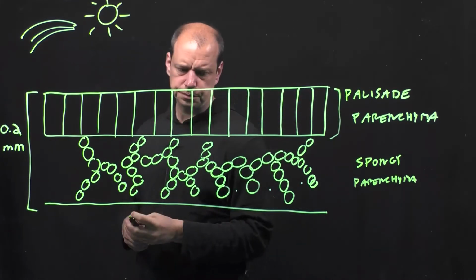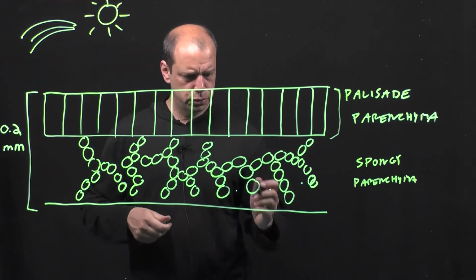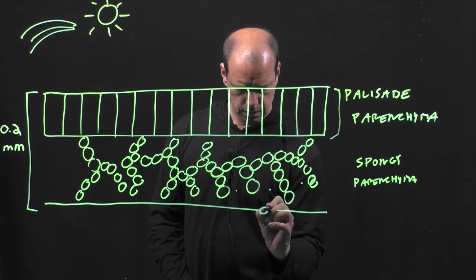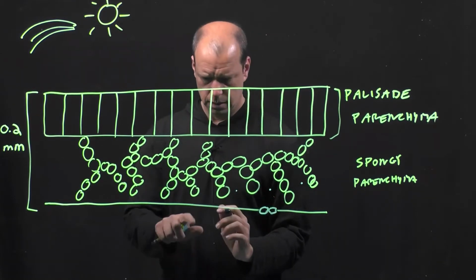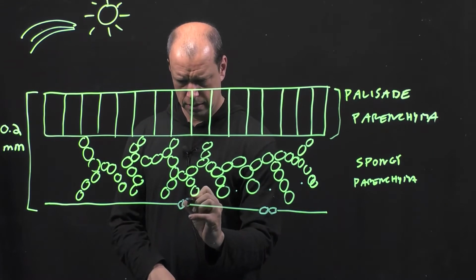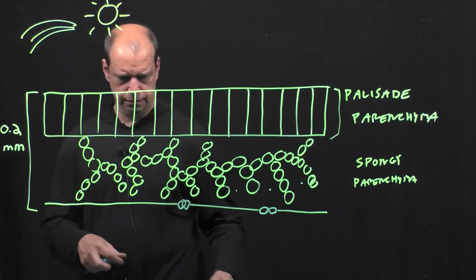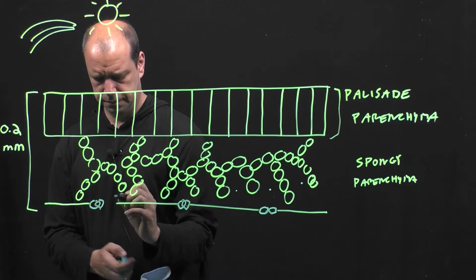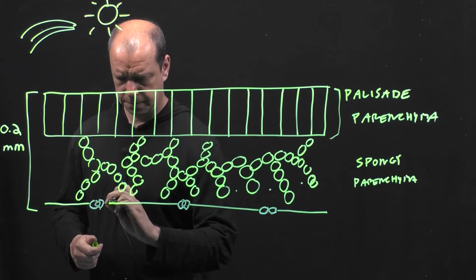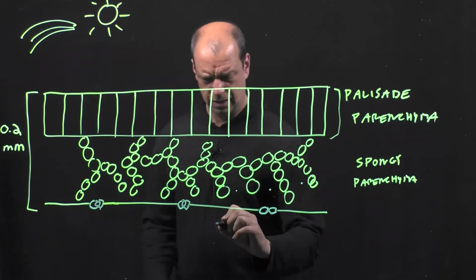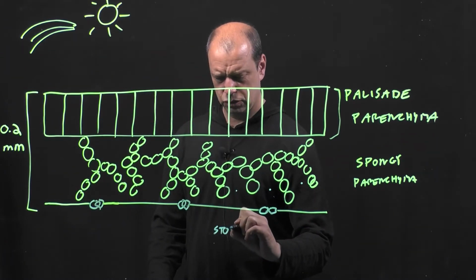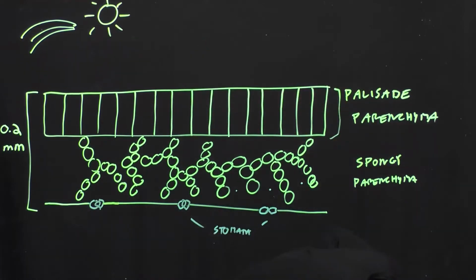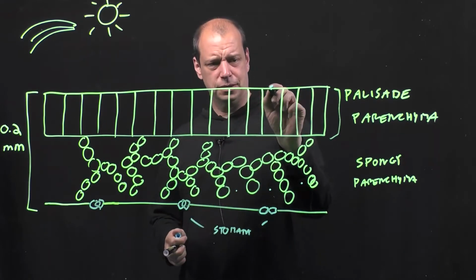surrounded by air. And there are pores in the underside of the leaf and also on the top side, but mostly on the underside, called stomata. I think stomata is the plural, and I think an individual one is called a stoma. And there's a couple on the top as well.